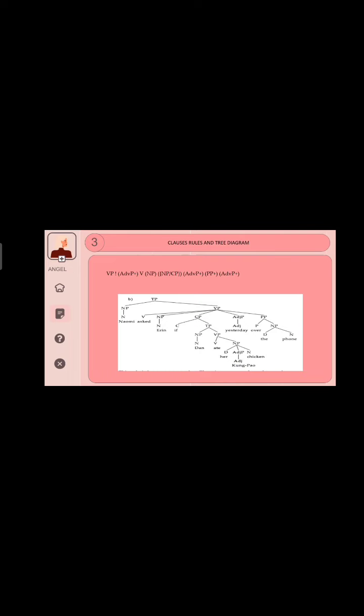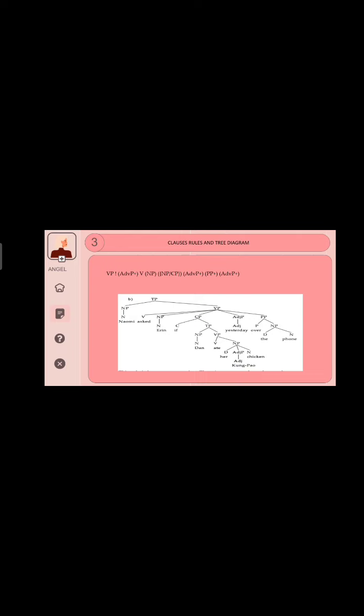Here the adverb yesterday, and then the prepositional phrase, or PP, is the preposition over, and then the noun phrase is the determiner the, and then the noun is phone.